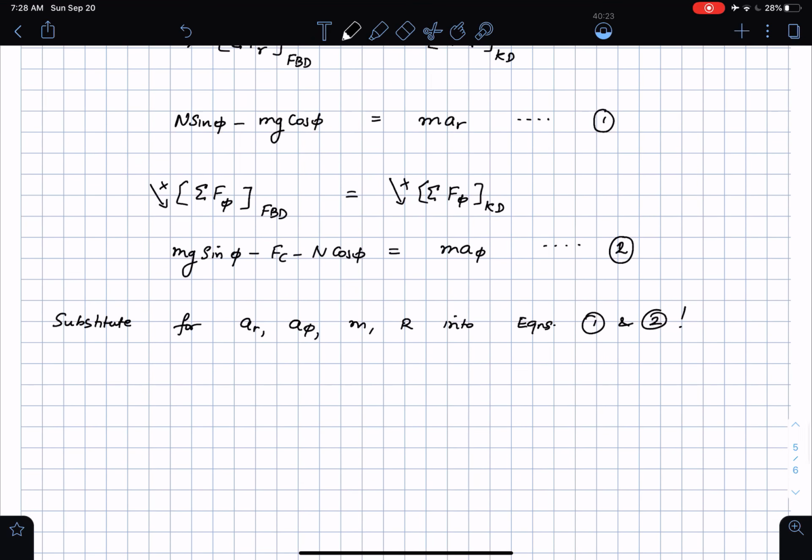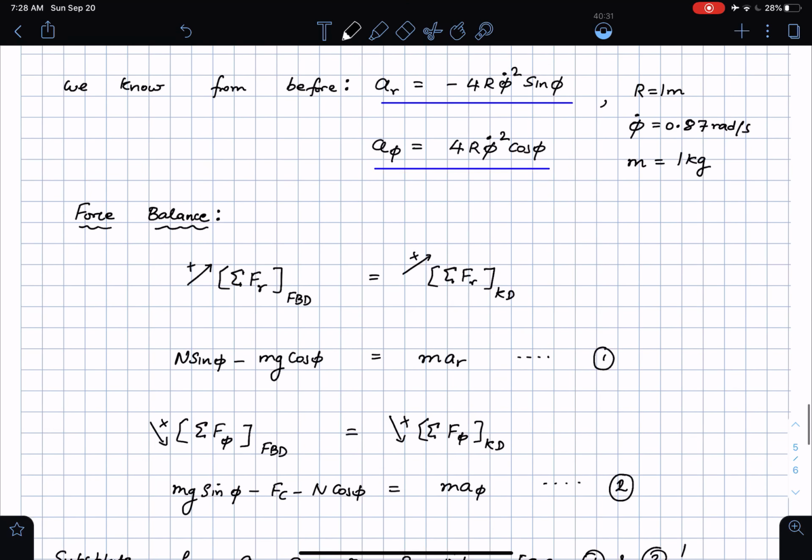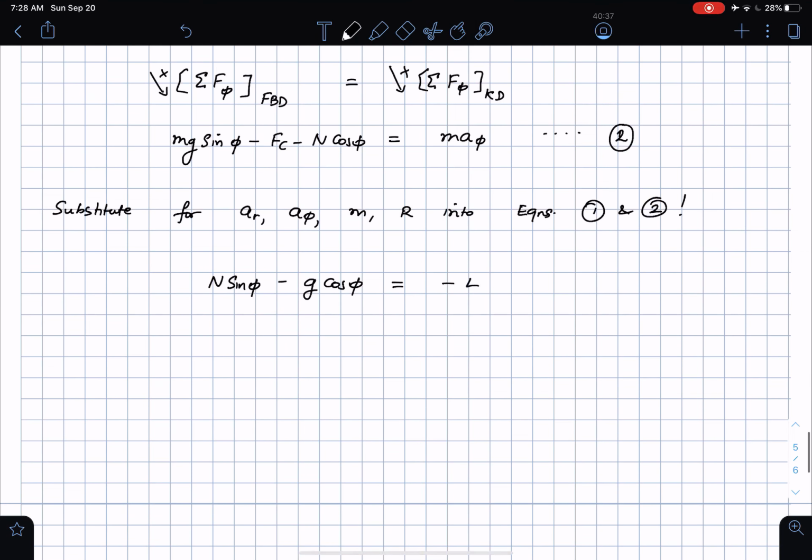This is going to be N sine phi minus g cosine phi, equal to m times AR, where AR was 4R phi dot squared sine phi. R is equal to 1, so this is minus 4 phi dot squared sine phi, where we said that m is equal to 1 kilogram and R is equal to 1 meter.